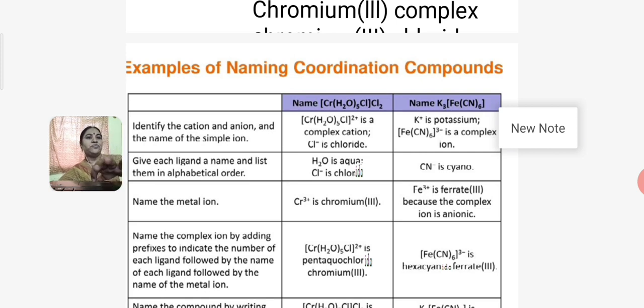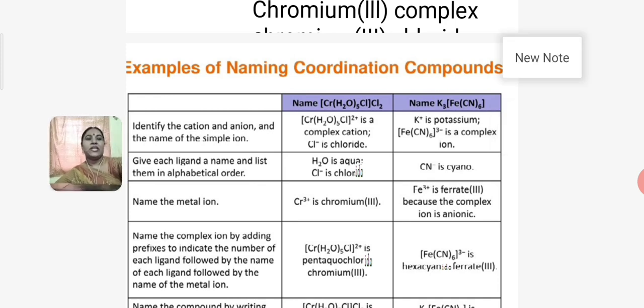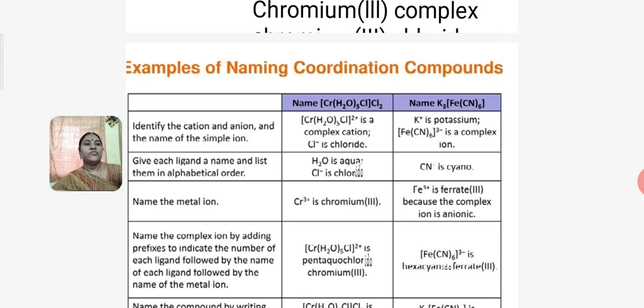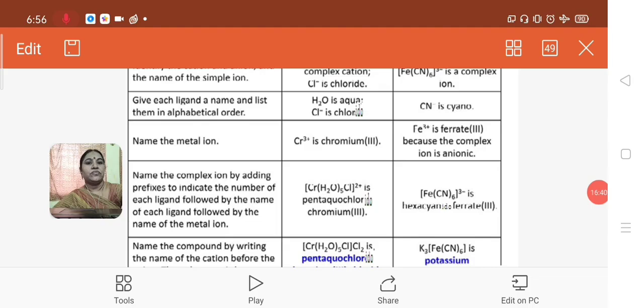Then name the complex ion. Therefore, the name of the complex ion is hexacyanidoferrate(III).